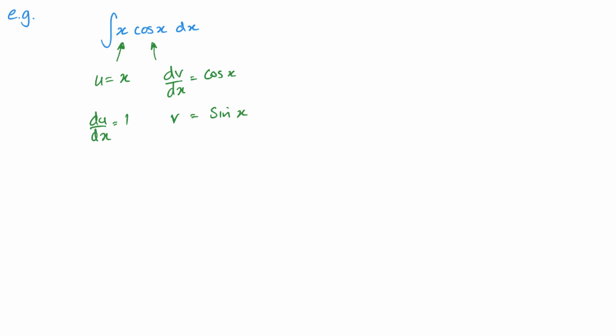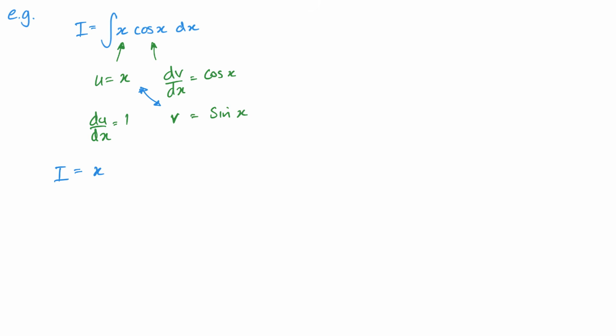Okay, just remembering that you are integrating here. Now, I've mentioned this in other videos, but it's always good to label your original integration, and it's nice to use the letter I. That way when we come down here, we can just write I equals, and jump straight in with what we're trying to do. So in this case it's u times v, and you'll notice that these are diagonally opposite each other here, u times v.